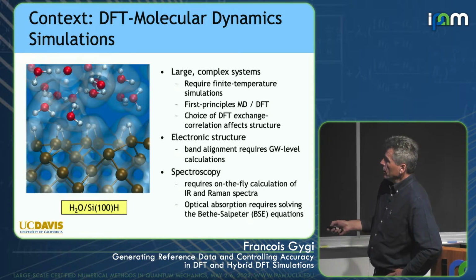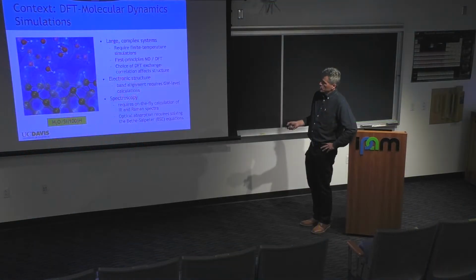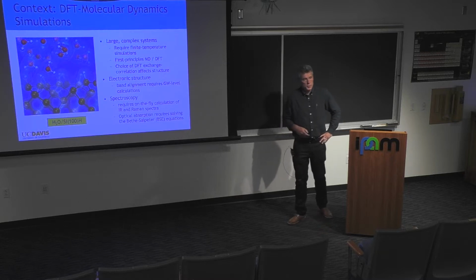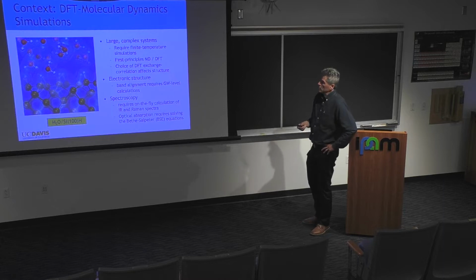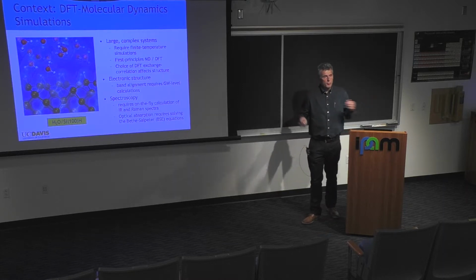What is the band alignment across an interface like this one? That usually requires going beyond DFT, like GW calculations, and also spectroscopy of such a system, both vibrational spectroscopy, IR and Raman, but also optical absorption, and that would be based on calculations using the Bethe-Salpeter equations, like the ones that Chao was mentioning yesterday. So this is the general setting of what we're trying to achieve.